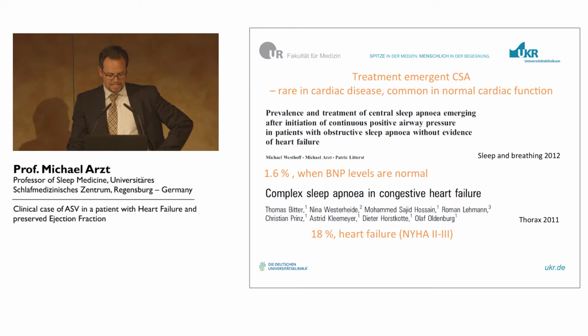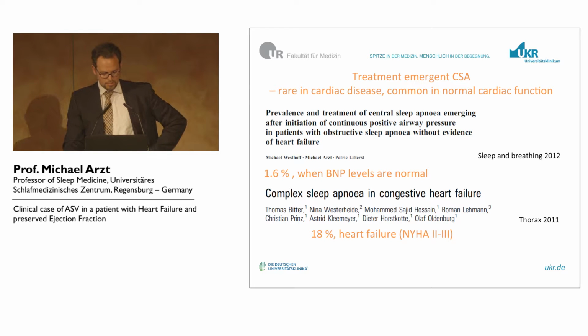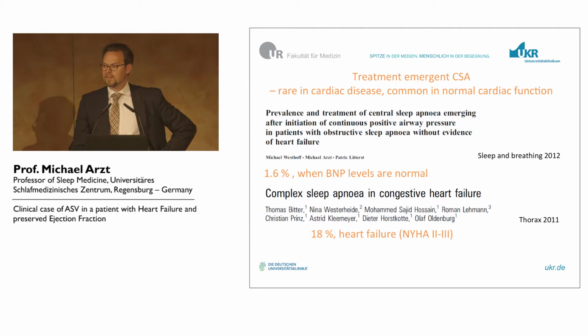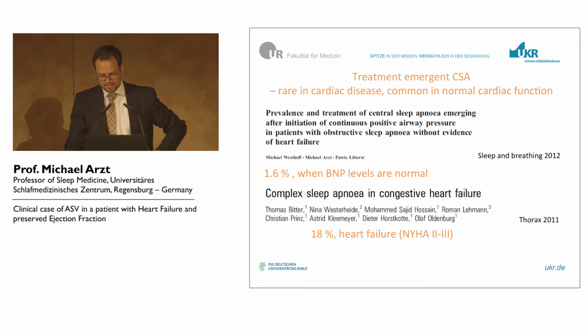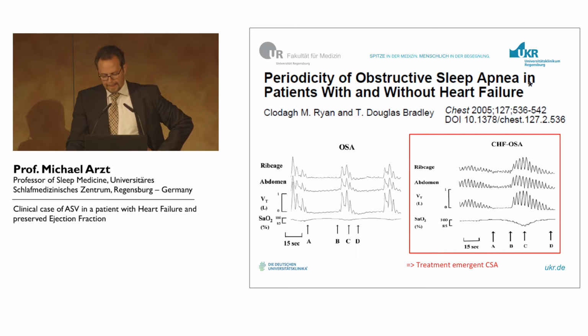So here in this study, we excluded patients with an abnormal BNP, and we had a very low prevalence of this phenomenon. So the prevalence was only 1.6%. And the Bad Oeynhausen group did the same thing in heart failure patients with manifest heart failure, NYHA class 2, 3. They had 18% of treatment emergent sleep apnea.